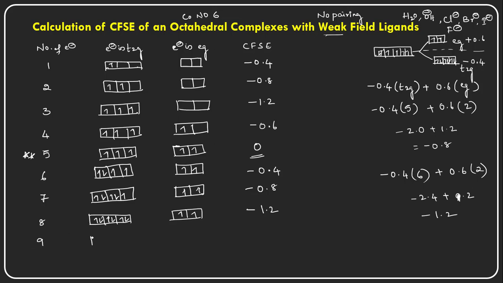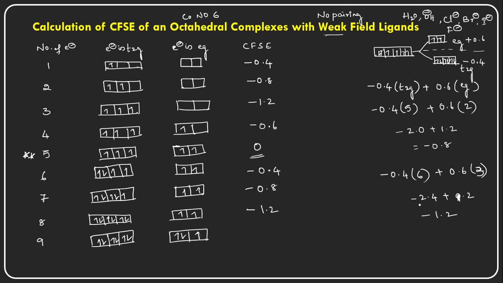And if 9 electrons are present in the d orbitals of the complex, the ninth electron will enter into the Eg orbital, so that pairing starts in the Eg orbital also. So here this value becomes 3 now, because all 6 electrons are present in the T2g orbital.